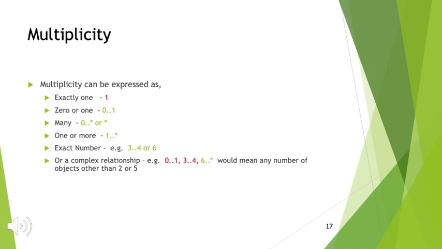If it is an exact number, for example 3, 4 or 6. If it's a complex relationship, for example 0..1, 3..4, 6..*, it would mean any number of objects other than 2 or 5. That's how you show the complex relationship.